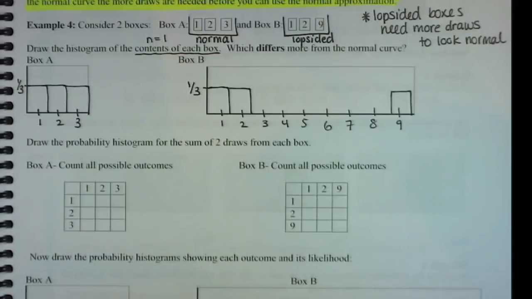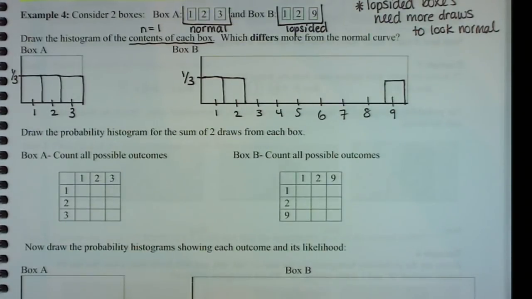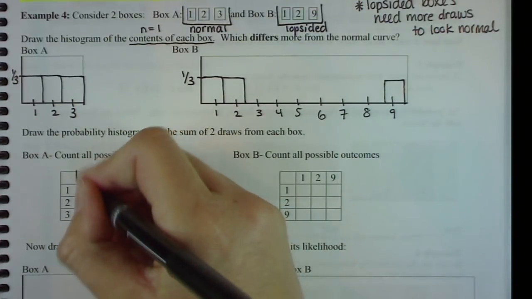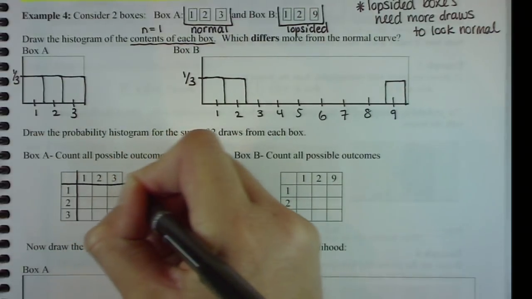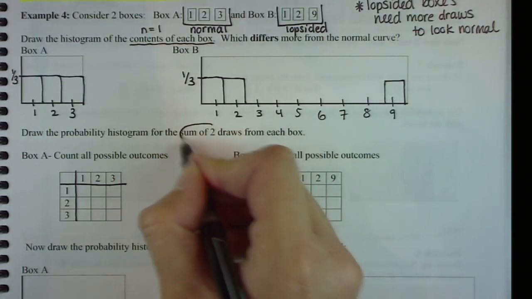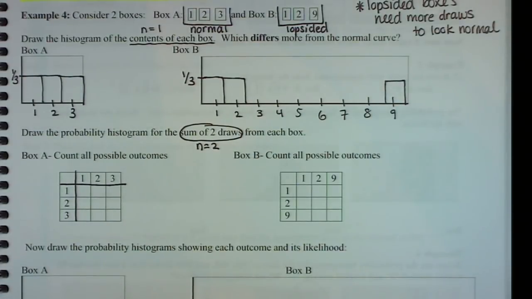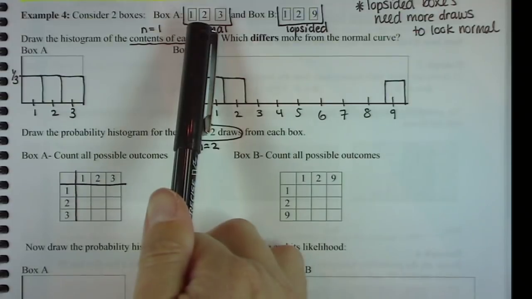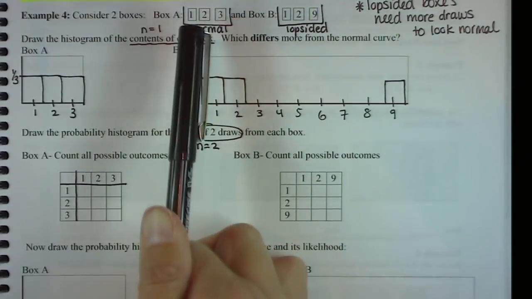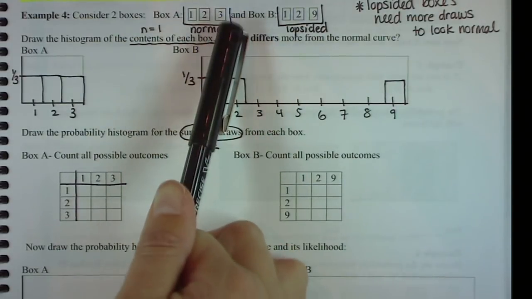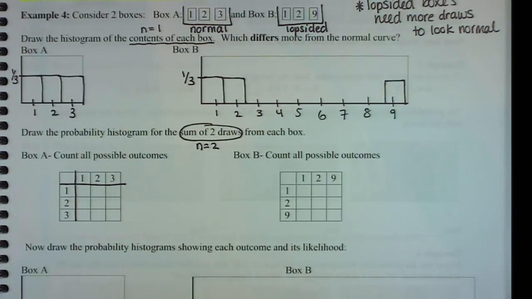So we can see if we go to 2 draws, for box A and box B, it's not super horrible. It says to draw the probability histogram for 2 draws. So n equals 2. The smallest sum I can get is 2, two ones, and the biggest sum I can get is 6.